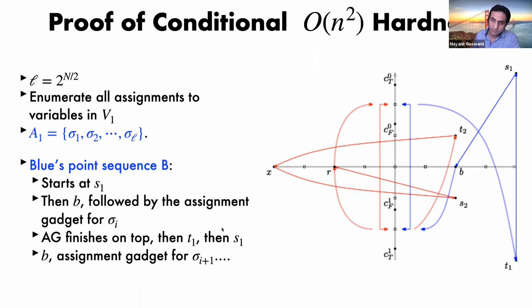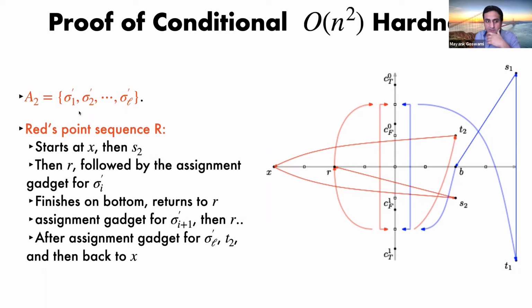So blue basically makes a round, comes back to S1, and then starts the new assignment gadget. So that's what blue's sequence of points looks like. It'll do sigma 1 first, come back to S1, sigma 2, then come back to S1, and so on.